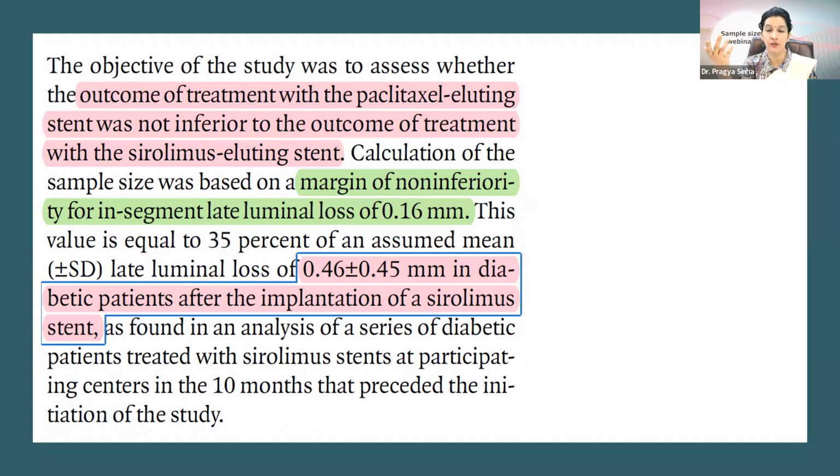Maybe with sirolimus there were some side effects or some cost issue. That's why he's saying that if it is non-inferior to sirolimus, then we can go for paclitaxel also.